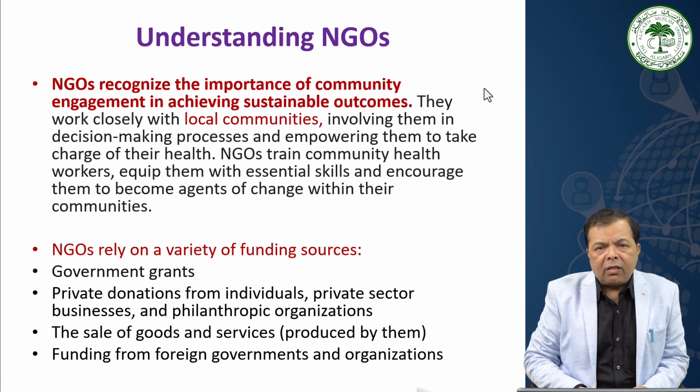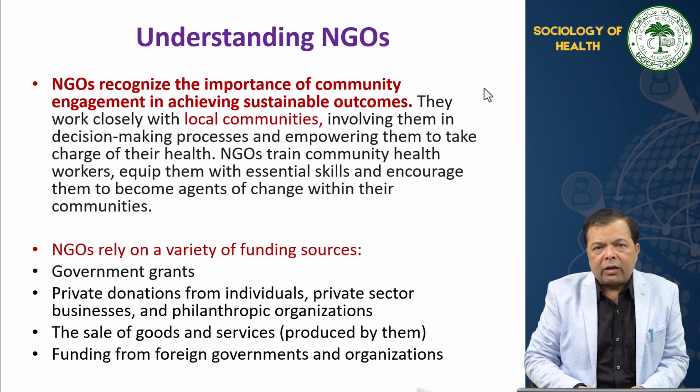So they get funds from the government. That is one very important source, and then they can also get fund from the private individuals or the private sector or the philanthropic organizations, or they can sell the kind of goods and services that they have basically produced.